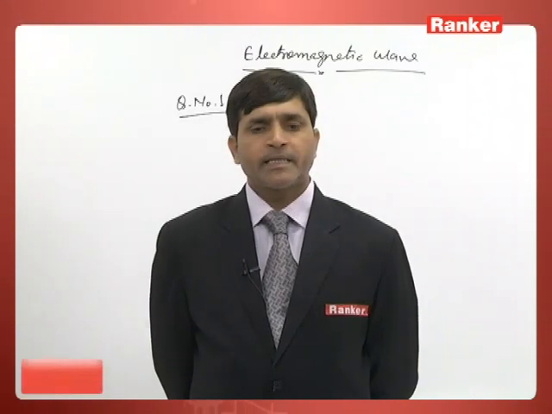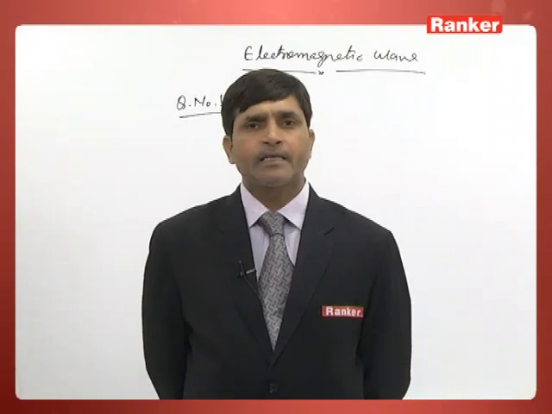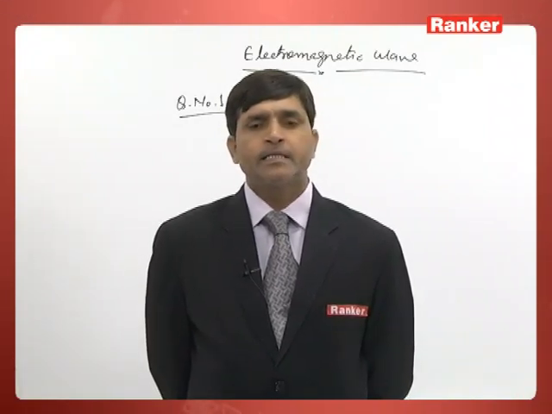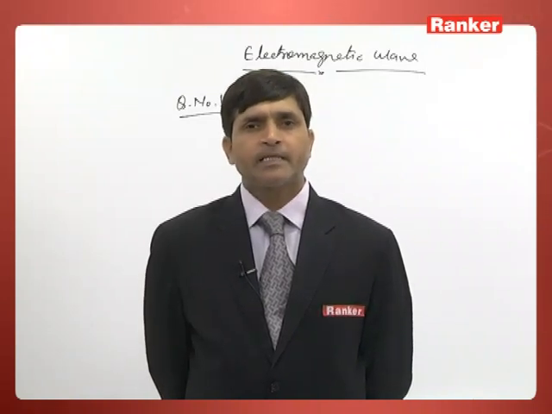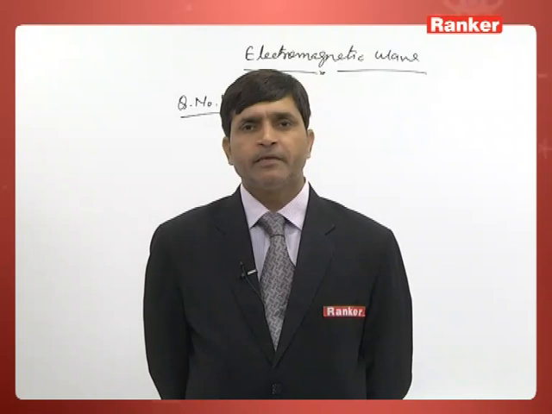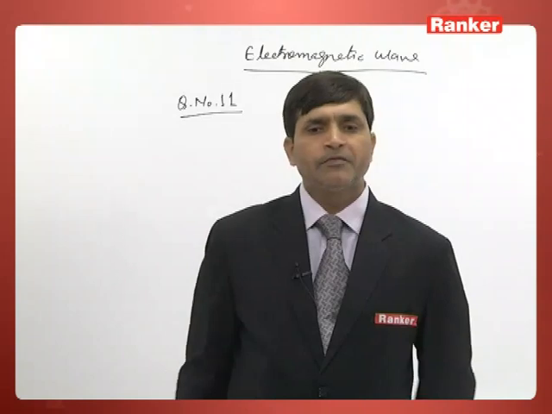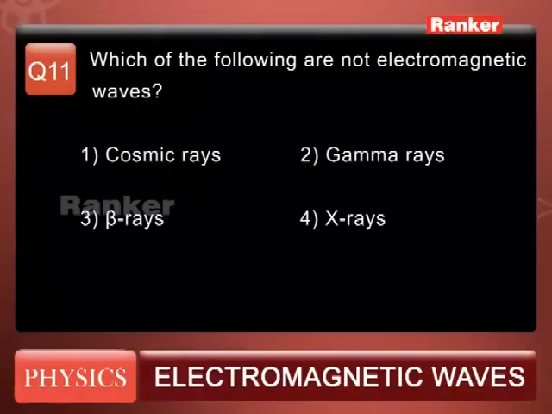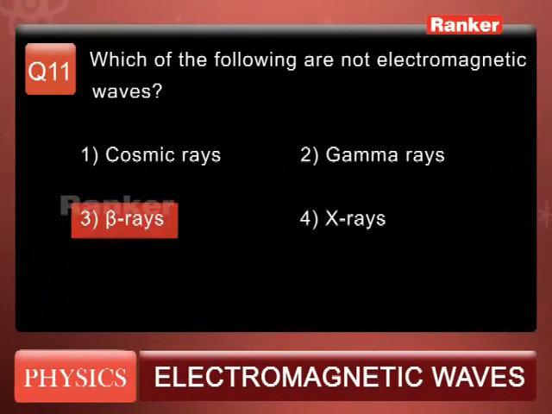Cosmic rays, gamma rays, X rays are all radiations, while beta rays are rays produced by matter particles, the electrons and positrons. So beta rays are not electromagnetic waves. These can be said to be matter waves. So the correct option is option number 3.